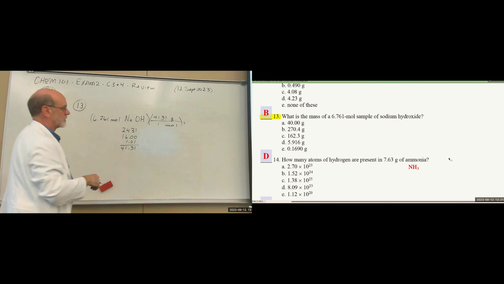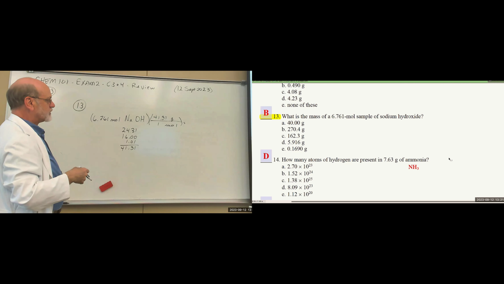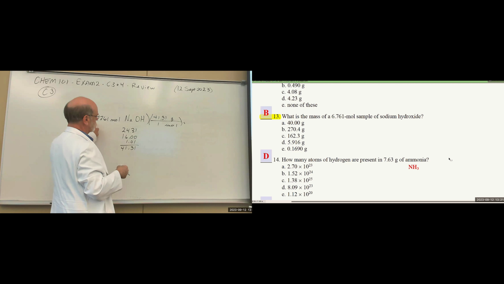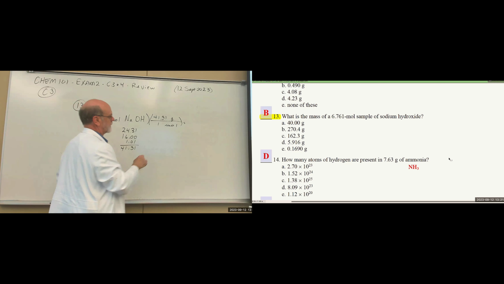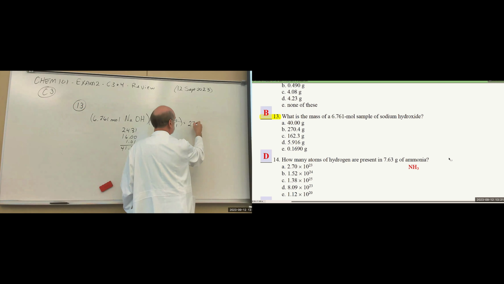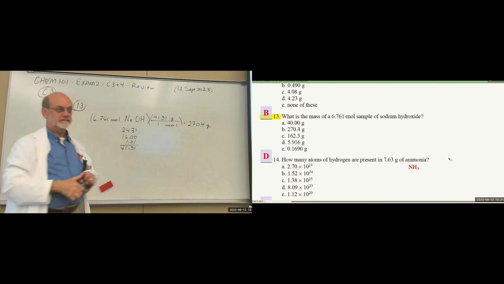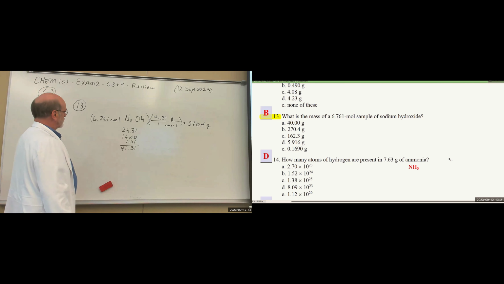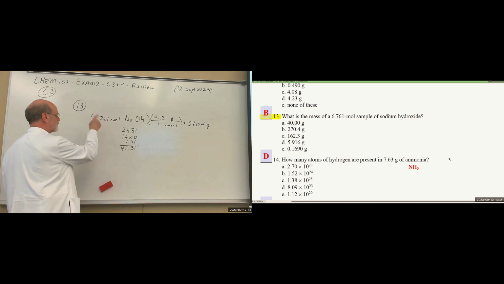So you just multiply those two together, and you should get 270. Is that reasonable? What's 7 times 4? 28. Yeah, it's close enough. I'm just rounding it off in my head to do an estimate, just to see if I was in the ballpark. Sure enough. Okay, 4 significant figures.